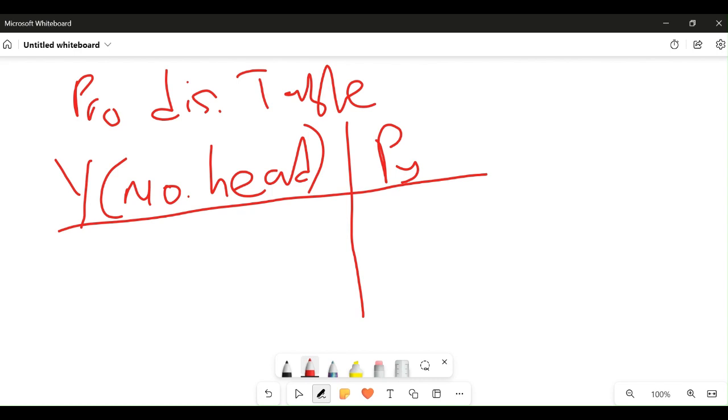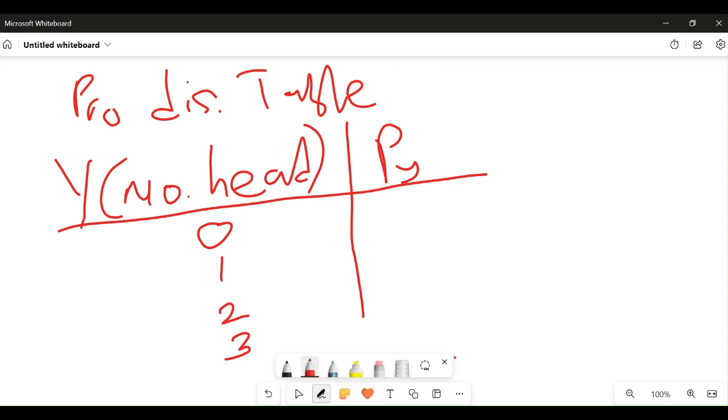So we can have zero head, one head, two heads, and three heads.